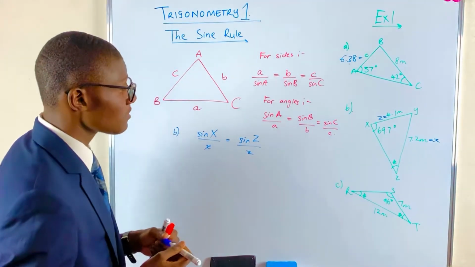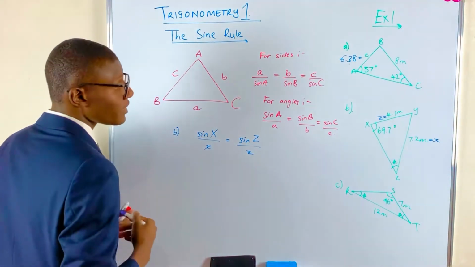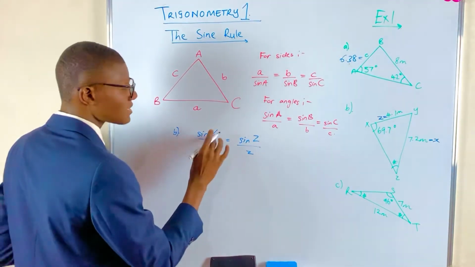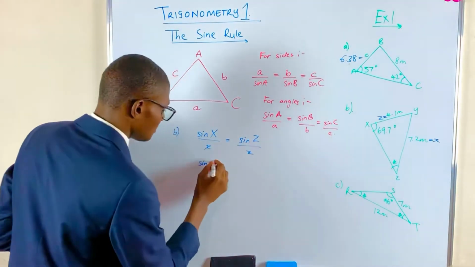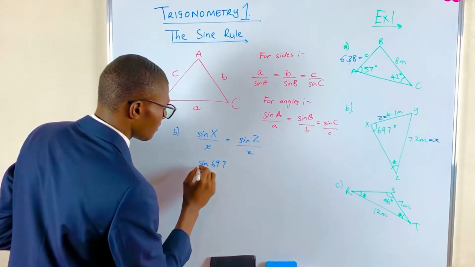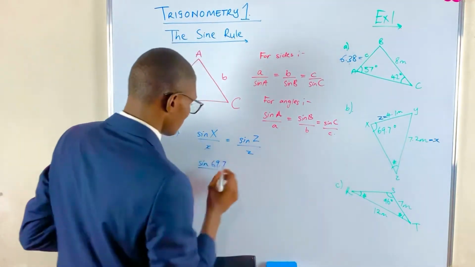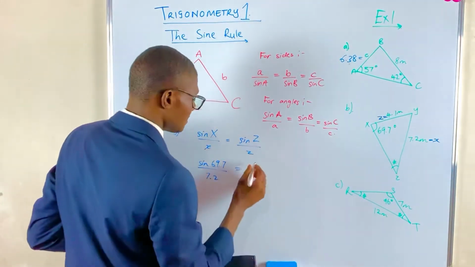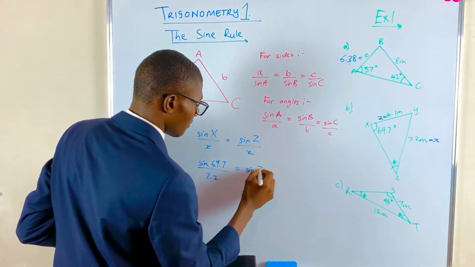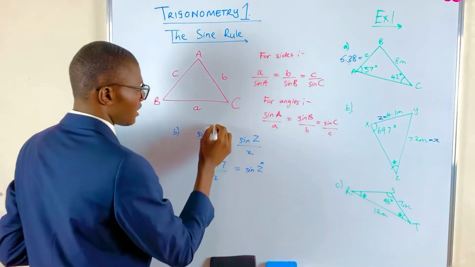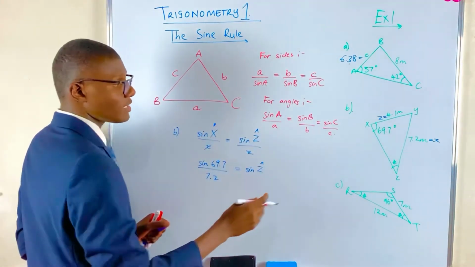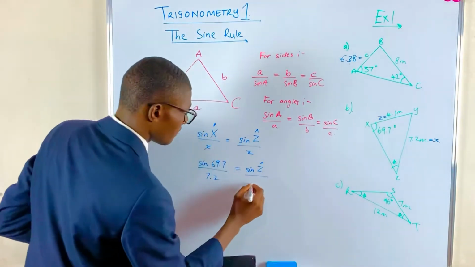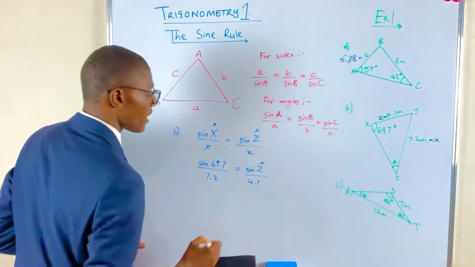Now for the substitution, sine of angle X, which is 69.7, over side x, which is 7.2, should be equal to sine of the angle Z over small letter z, which is 4.1.